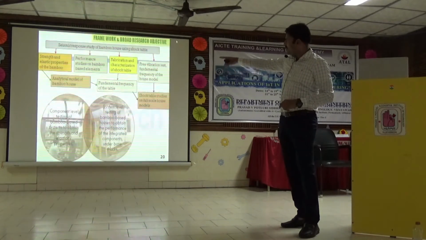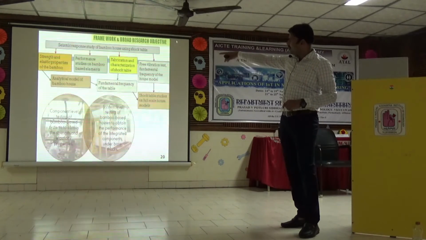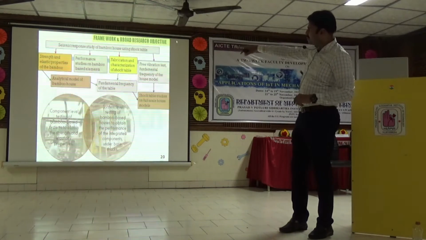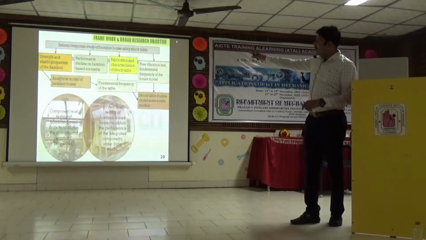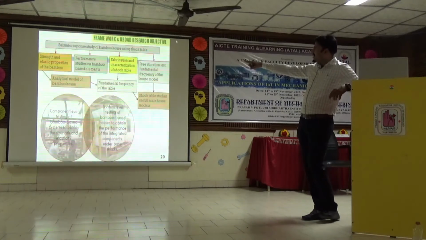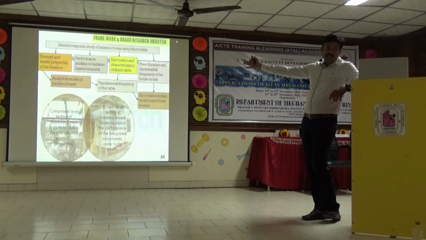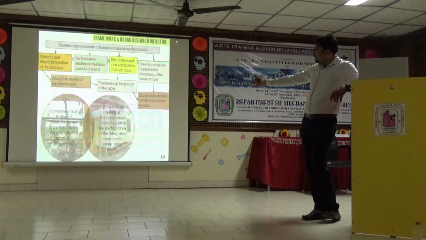For each component, I have taken a particular species, tested all strength and elastic properties, and done element testing. Then I have fabricated and characterized the table, did the free vibration test, found the fundamental frequency of the house model, carried out analytical studies, and finally did the full scale models.